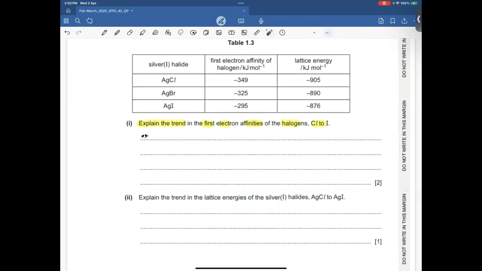When we move from chloride to iodide, ionic radius increases. This increases shielding effect also.